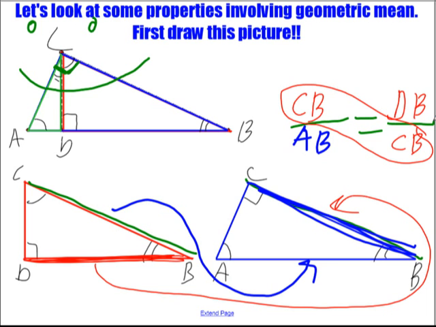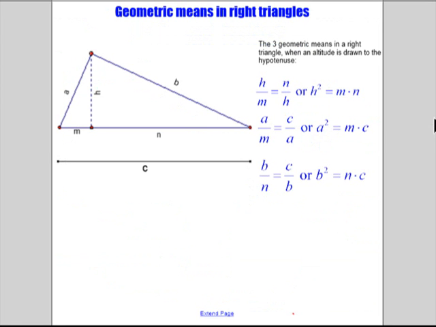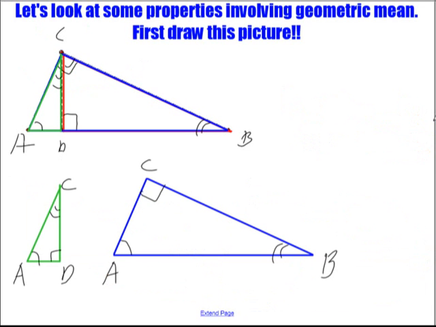Okay, so that was with the big triangle and the triangle on the right. Now let's look at the big triangle and the triangle on the left. Again, there's three options here. We're now focusing on AC, because AC, which is that leg, appears in both triangles.